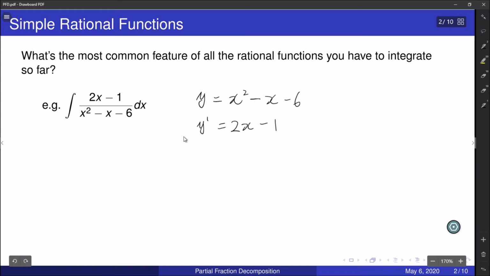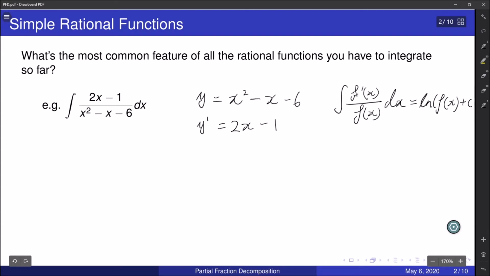So if the numerator is the derivative of the denominator, the integral is just a log of f of x. Of course, you have to add a c.